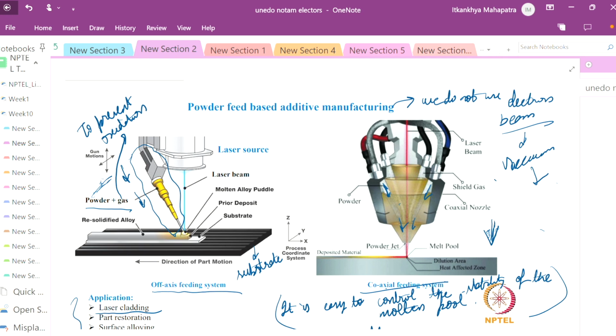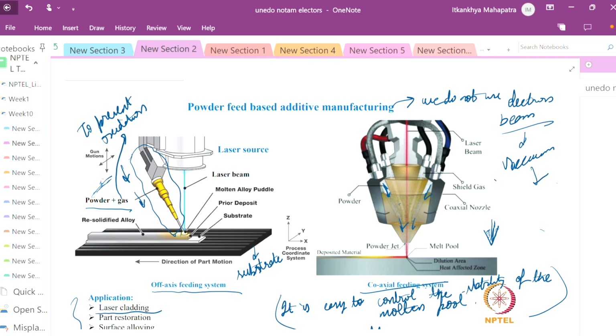A lot of the time, whatever nozzle and system is inbuilt in the printer, we can actually manipulate and change as per our requirement till it works. So we can always vary.